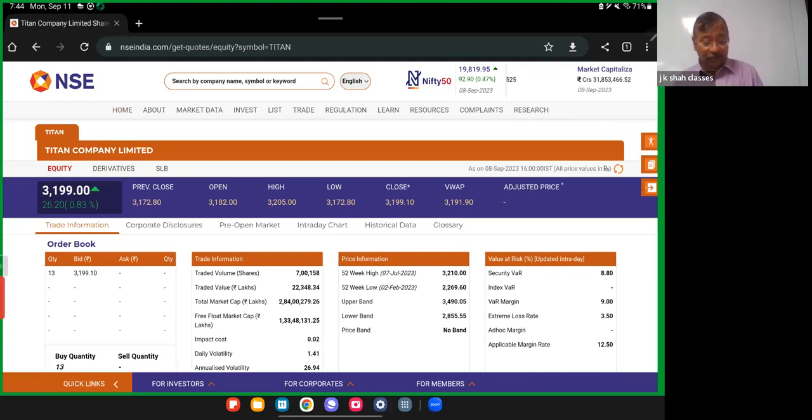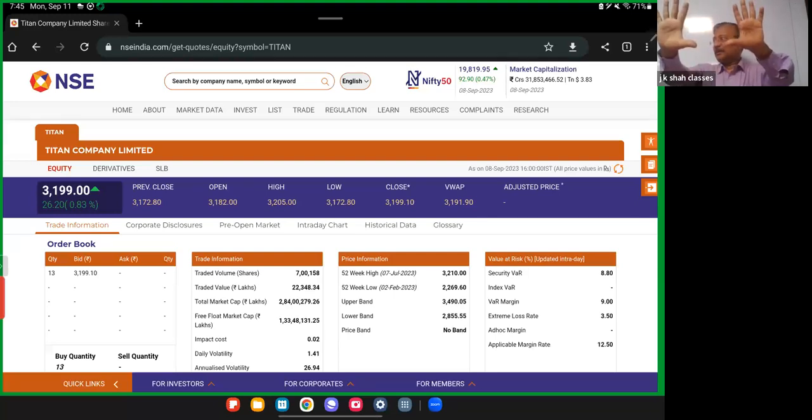Follow very carefully. Now you see this at the top. Unfortunately I can't mark it here. You see the orange band, Titan Company Limited, and below it you see equity, derivatives, SLB. Three things. While I was teaching Forex, remember I told you the broker would have two screens: cash and F&O.